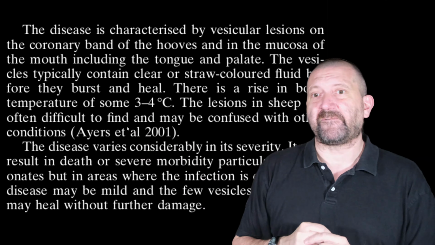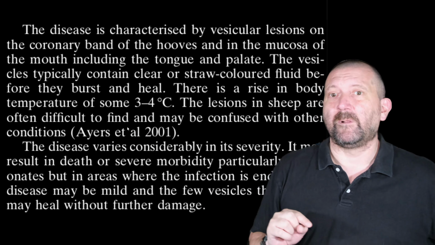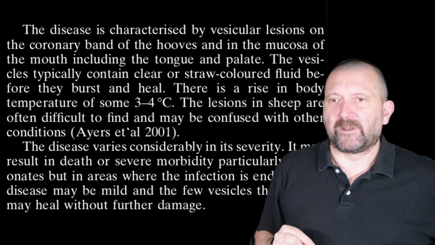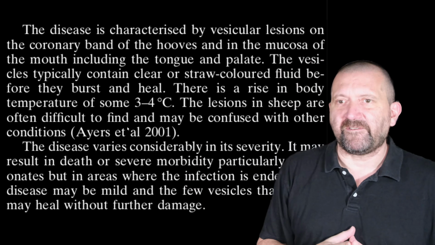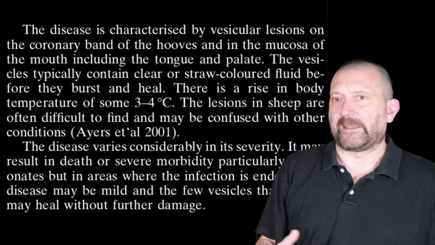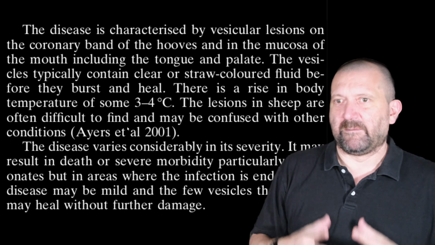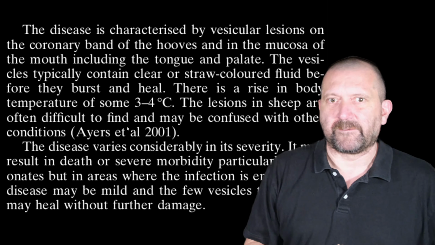One interesting thing, and we'll come back to that in a model later, is that the lesions in some animals, like sheep for instance, can be hard to find. And that's going to be important in modeling.